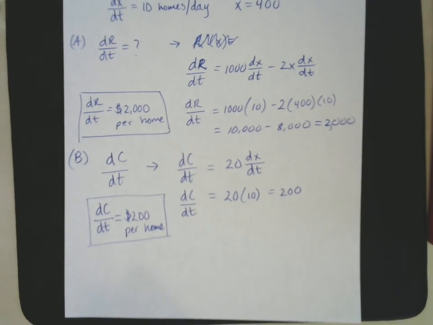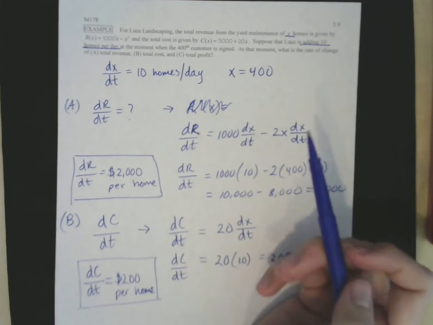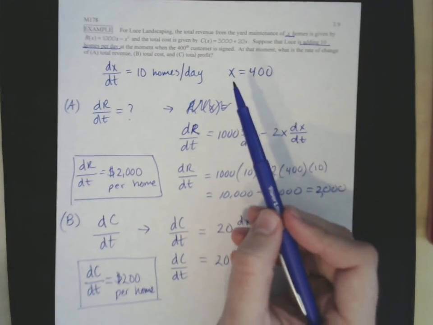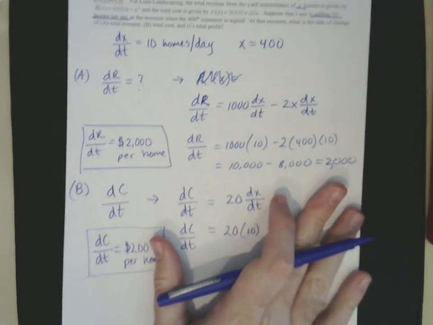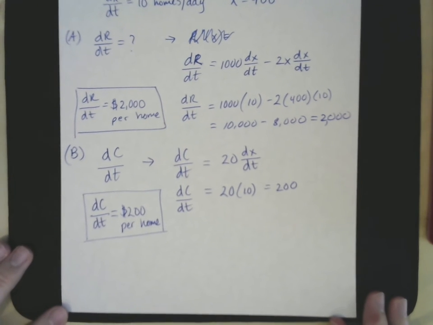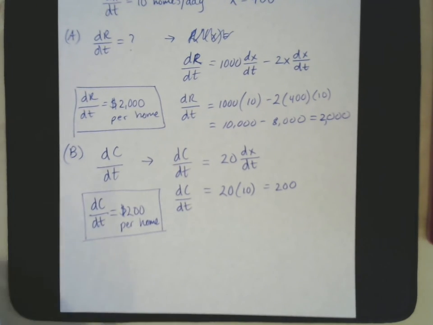So if you're looking at this and you're going, why is the cost so low? Well, remember, this is at the moment that they've already signed 400 people up. So in most cases in business, the more things you're producing or selling, the cheaper it is to actually make those or to do that, because you're already doing it on such a large scale. Now there is a tipping point, right?